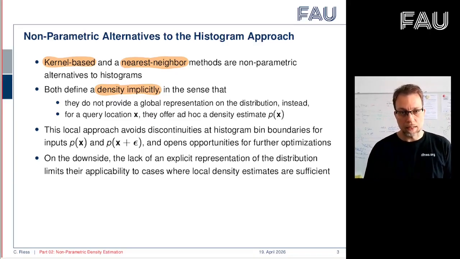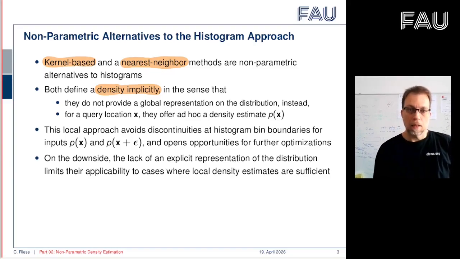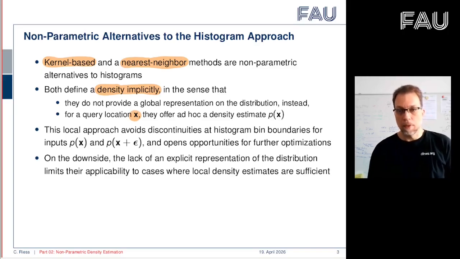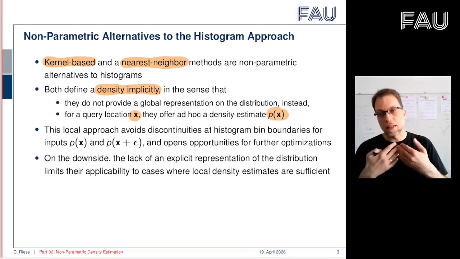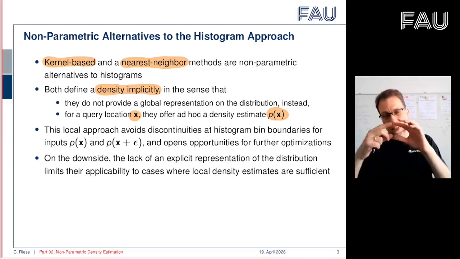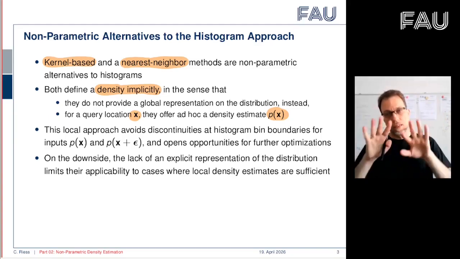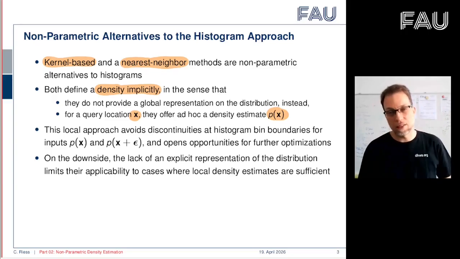You don't get such a global representation of the distribution, but instead, if someone is interested for a location X, what is the density at this location, then quite ad hoc, they calculate a density estimate for this location. You can think about this like an interpolation method: if you query that spot, then it looks at the neighborhood and says, the density here is so and so.